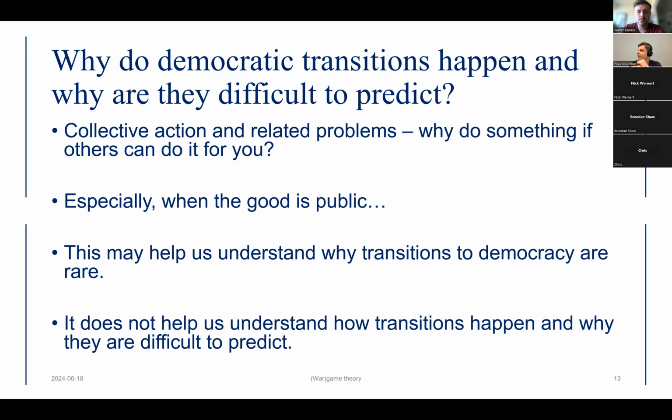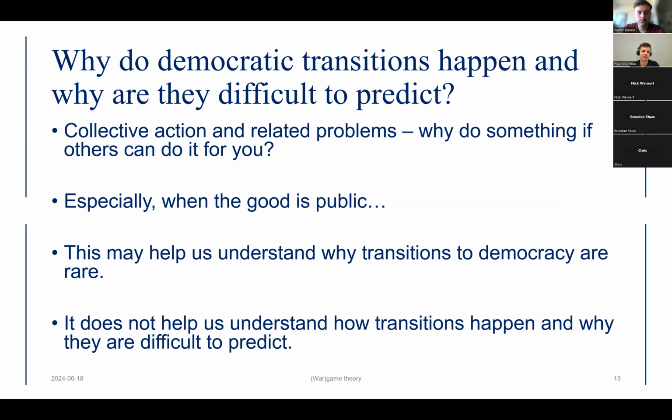So if you think of a country that is not yet a democracy, a dictatorship of some sort, democracy is sort of a public good. Public good means that if you live in a democracy, you can use it, and you cannot take it away from anybody else. You vote, you express your opinion, others can do the same.